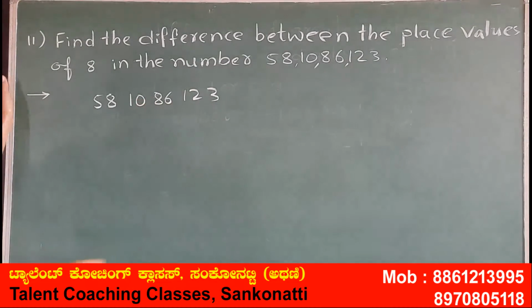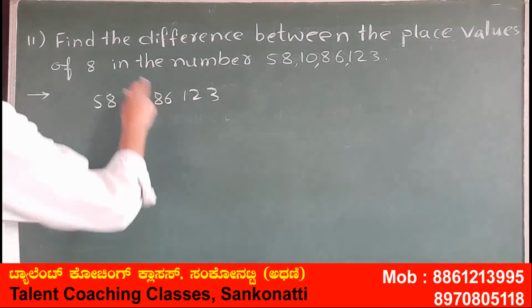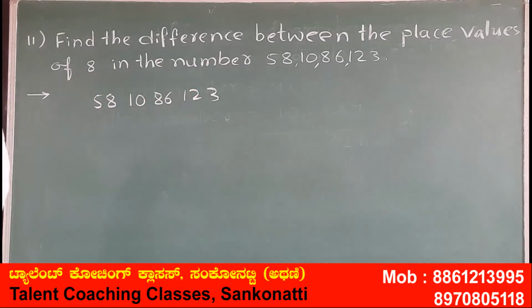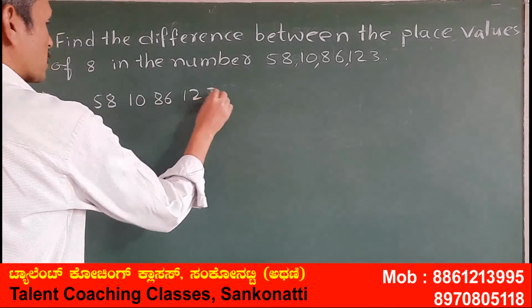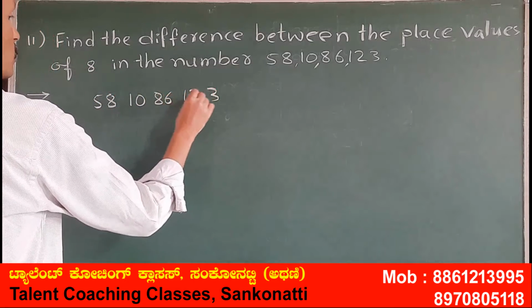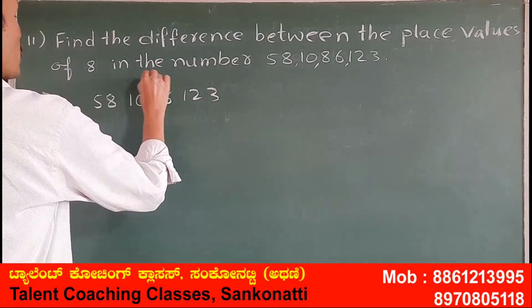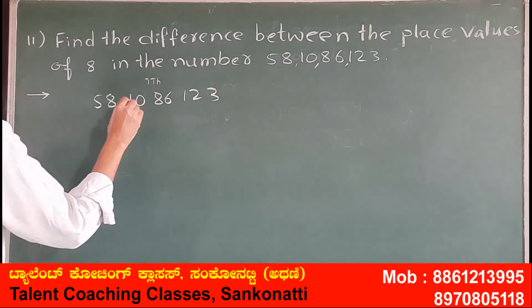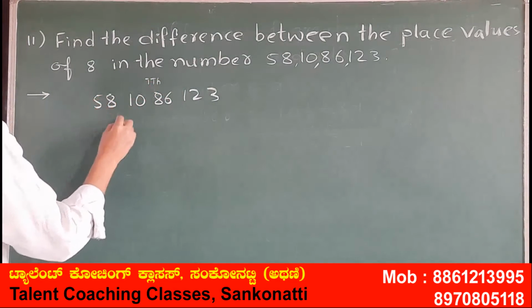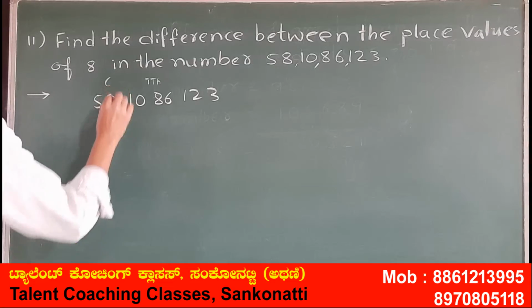No need to write place values of every digit. Here we have been asked only the place values of 8. This one is in the 10,000 place. This one is in the crore place.